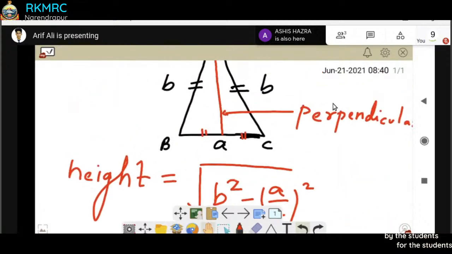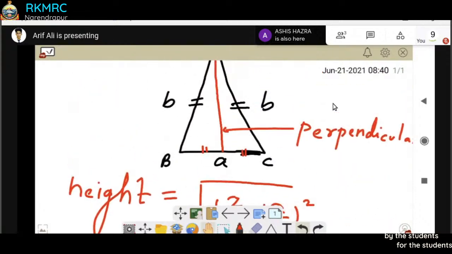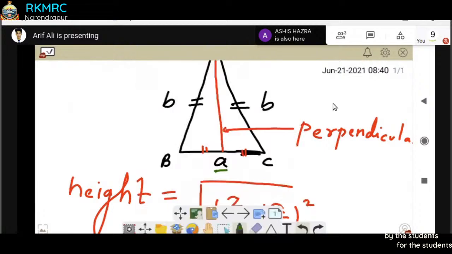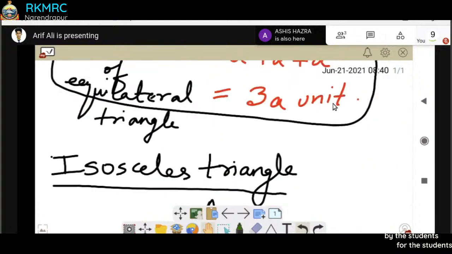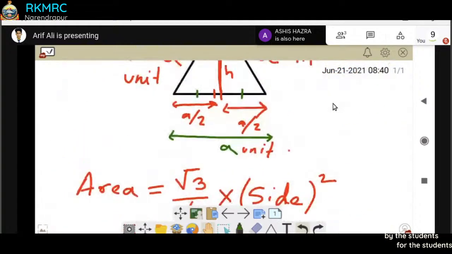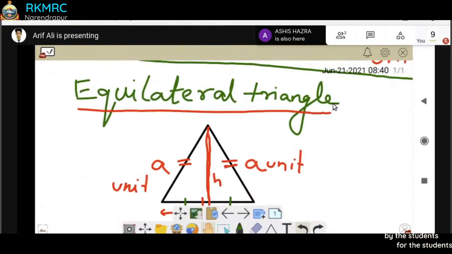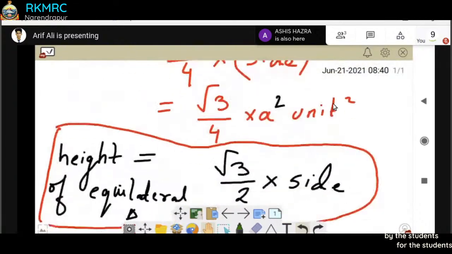See over here, we are having different lengths. All are not same, only two are same. And over here, all are same. This is your equilateral triangle.